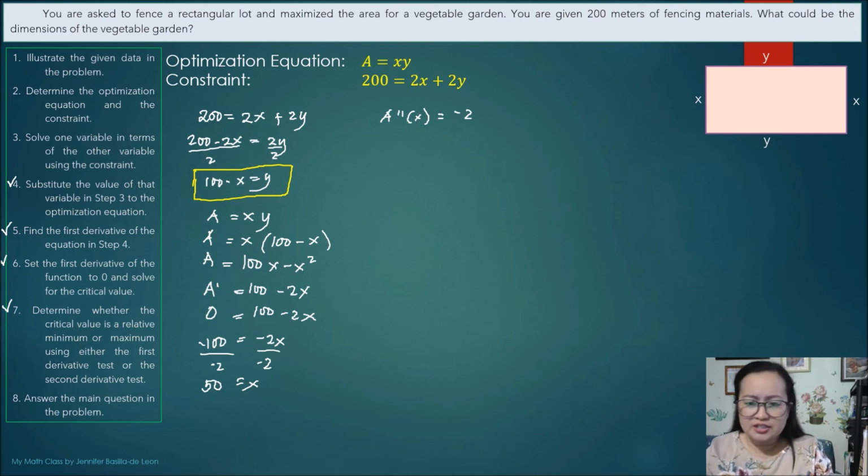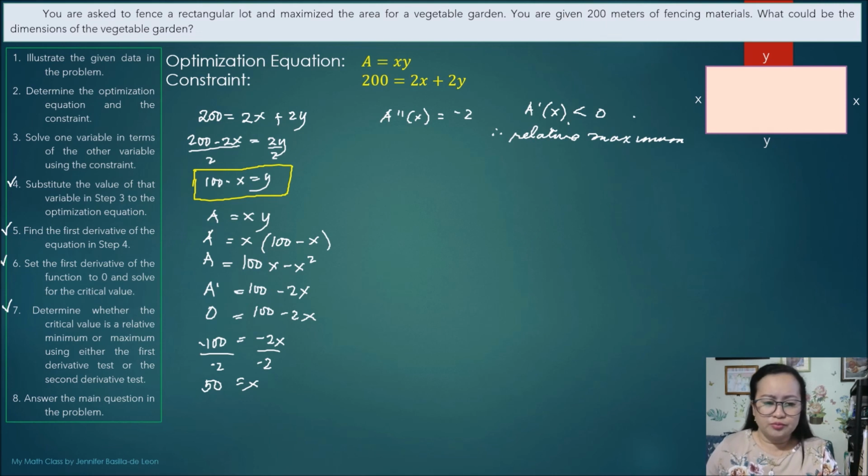Since f double prime of x is less than 0, we can say that this is a relative maximum.